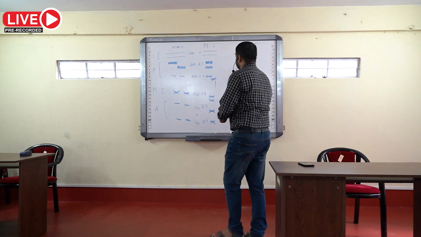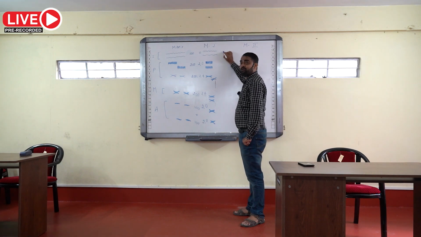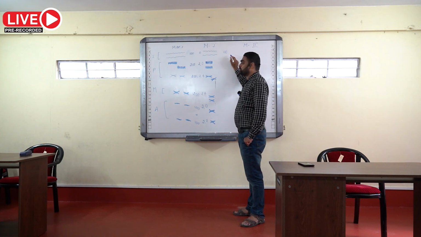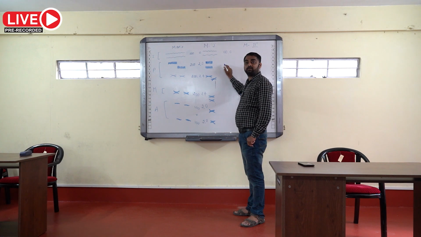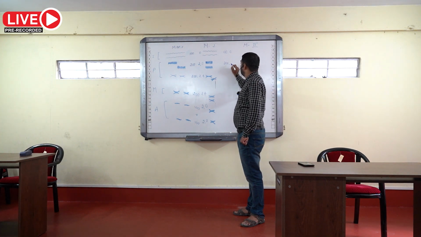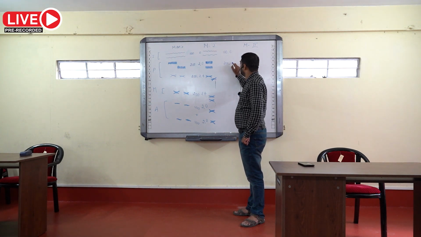We look at meiosis. Meiosis 1. How many units of DNA is there here at the beginning of it? 100 units of DNA. How many chromosomes? 0. Here, how many units of DNA? 200 units of DNA. How many chromosomes? 2 chromosomes.